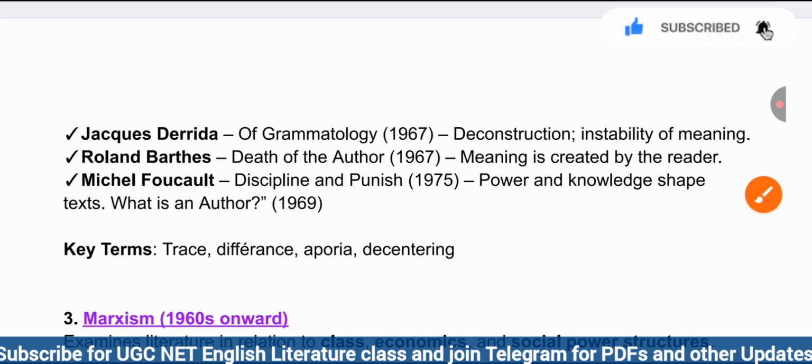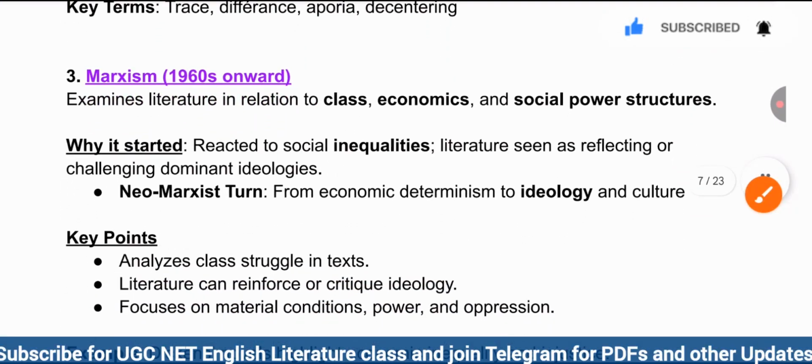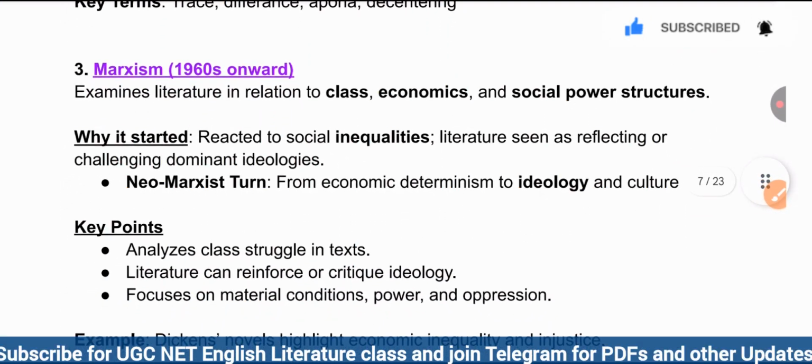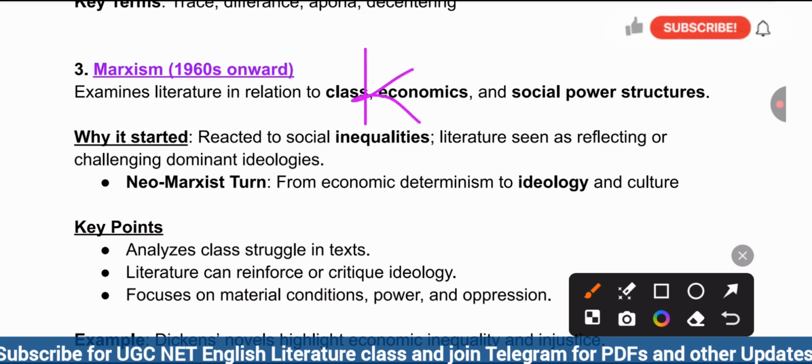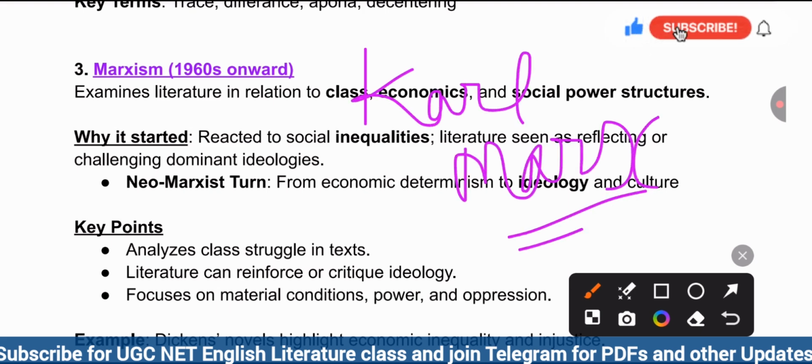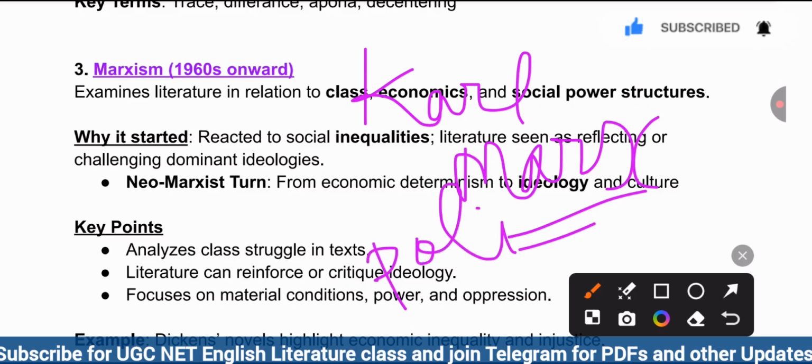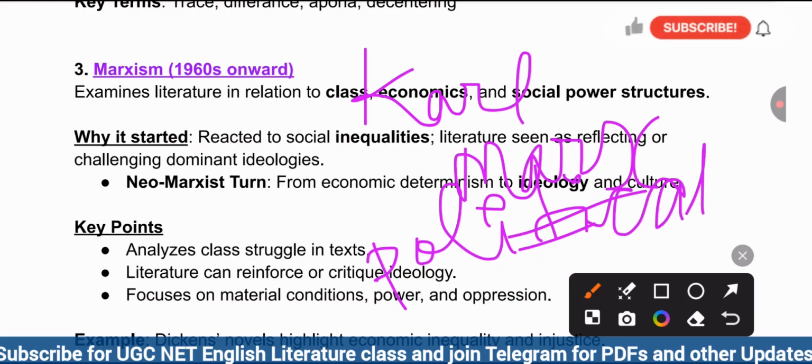Okay. Now let's move on to Marxism. Marxism, you all know how it started, and it is related to Karl Marx. So very important. Earlier, Karl Marx's theories were political, but how did this enter literature?